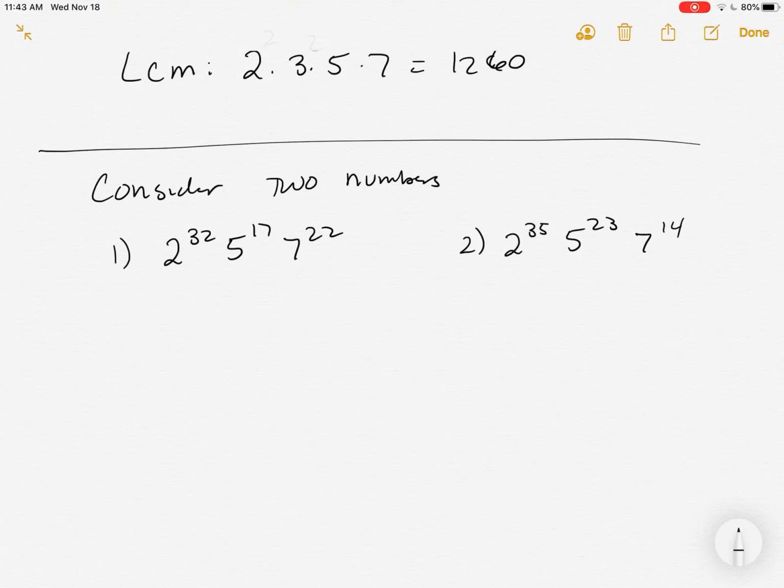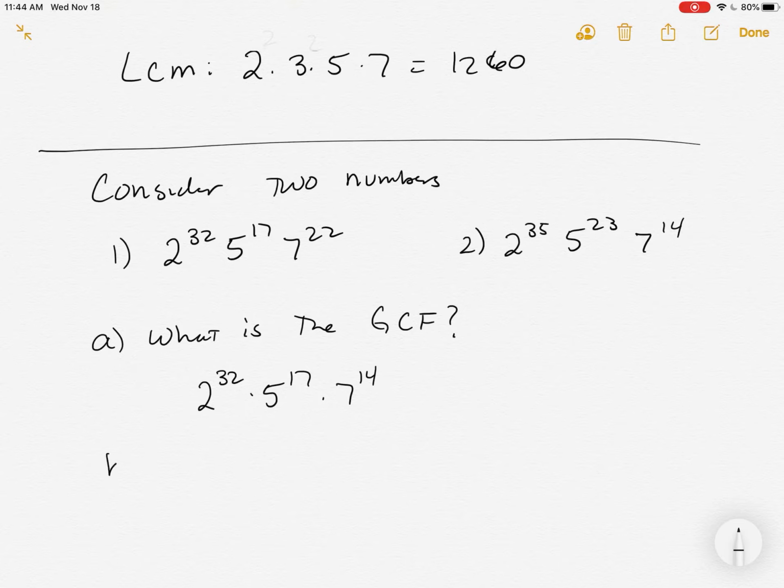What they want for A is the GCF. Remember what GCF stands for: greatest common factor. This is where you pick the common ones and take the smallest amount so that you're underneath. So the common factors are 2, and the smallest number is 32, 5, and the smallest number is 17, and 7, and the smallest number is 14. That's the GCF, and you're done.